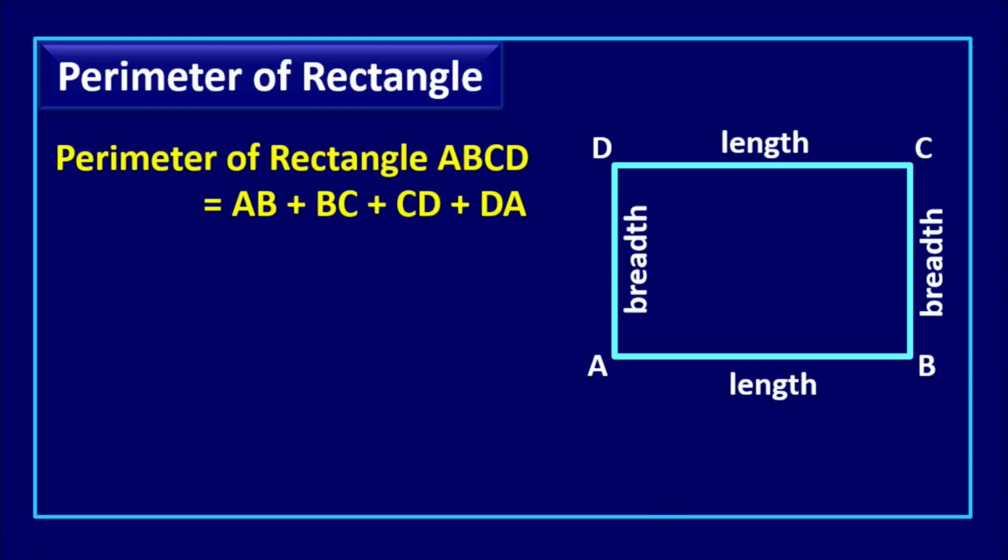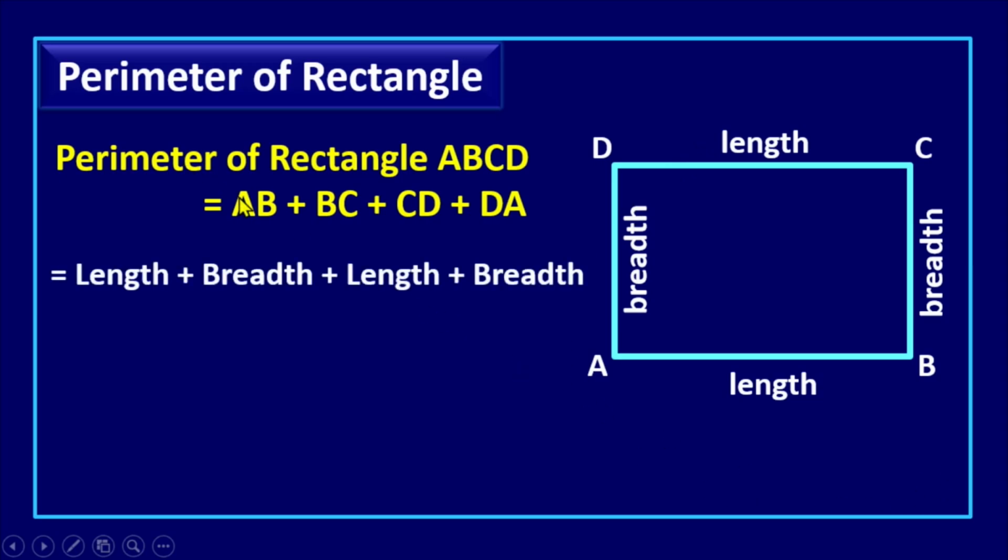So perimeter of rectangle ABCD is equal to AB plus BC plus CD plus DA, the sum of all these four sides, isn't it children? Here in place of AB I can write length, in place of BC breadth, plus CD is again length, plus DA is again breadth. So we have length plus breadth plus length plus breadth.